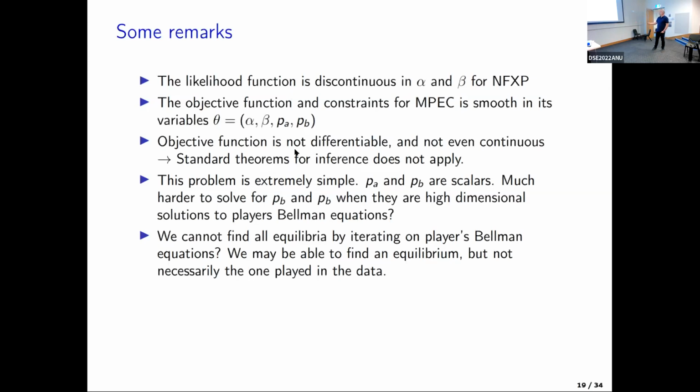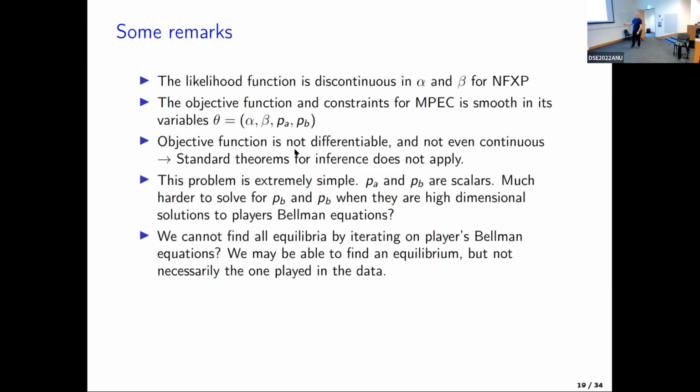So this makes it much harder to solve when they're high dimensional. That's going to be a challenge, especially for the NFXP implementation of maximum likelihood. You need to find all those conditional choice probabilities associated with all the different equilibria, and they're going to multiply with your multiplicity of equilibria, and it's going to be difficult.